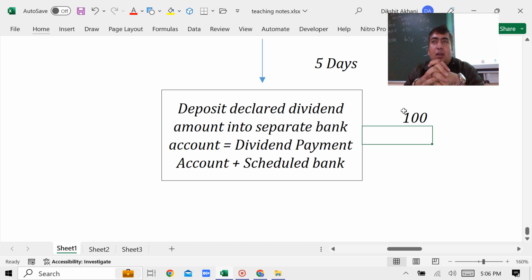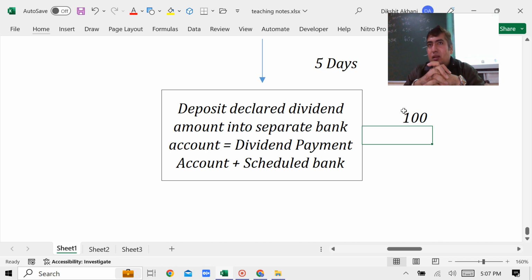But let me tell you, dividend must be paid in cash or cheque or by way of issuing dividend warrants or any kind of online bank transfer. But are you getting me what I'm saying? You cannot issue anything else in place of cash.